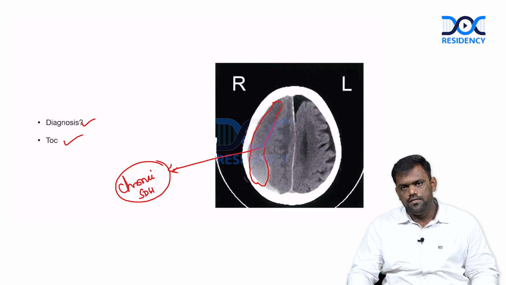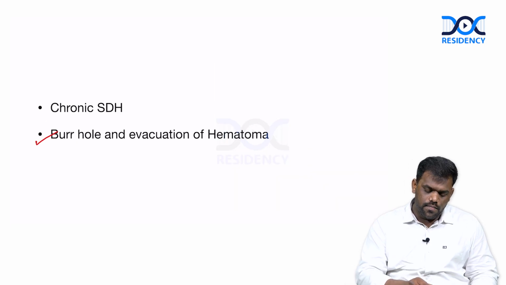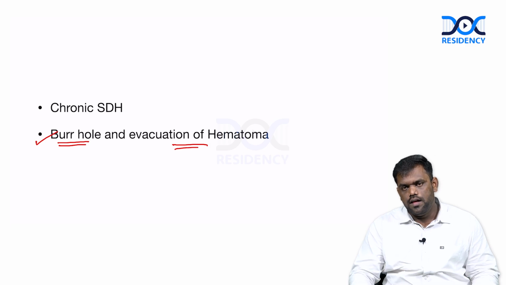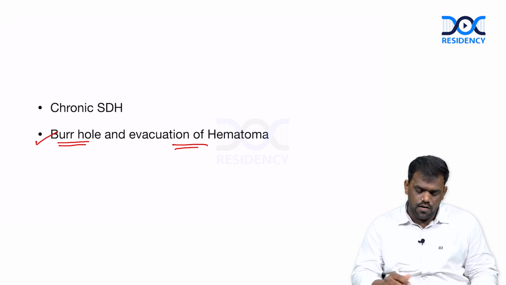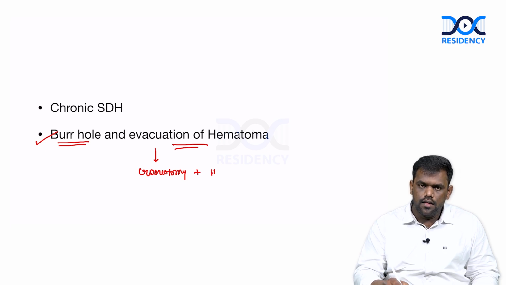There are various types of chronic SDH available. What is the treatment of choice for chronic SDH? Burr hole and evacuation of the hematoma. You have to try with the burr hole. Suppose the hematoma is not evacuated adequately, you have to go for craniotomy followed by evacuation of the hematoma.